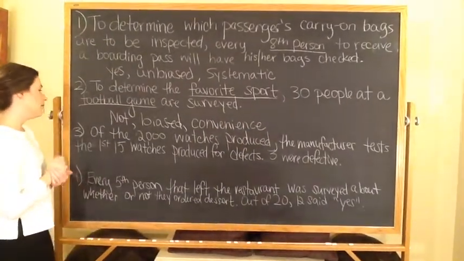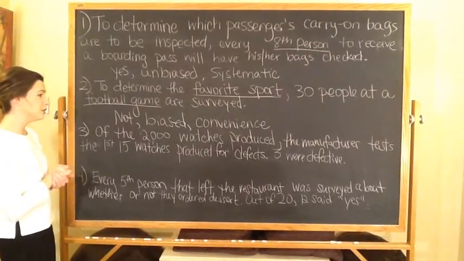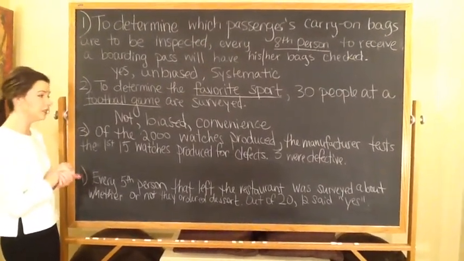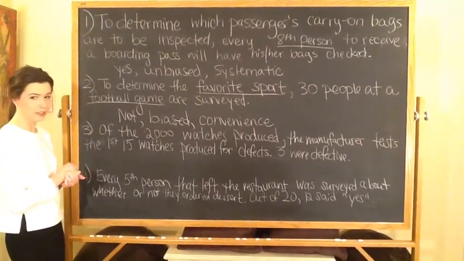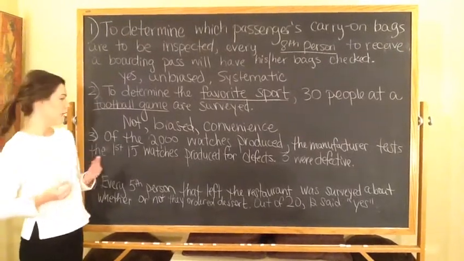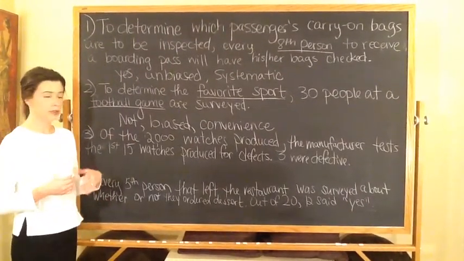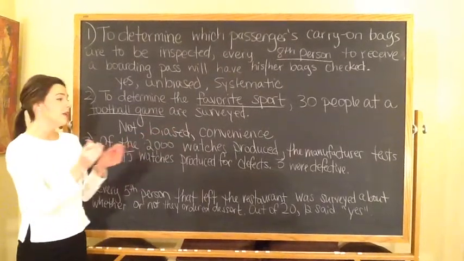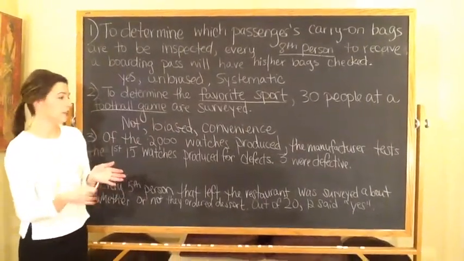Alright, number 3. Of the 2,000 watches produced, the manufacturer tests the first 15 watches produced for defects. 3 were defective. So is this valid or not? First of all, we have 2,000 watches being produced, and he goes ahead and takes the first 15.